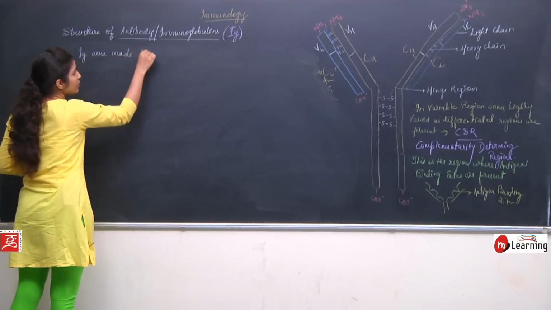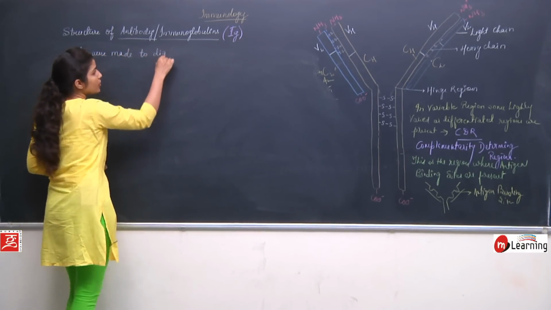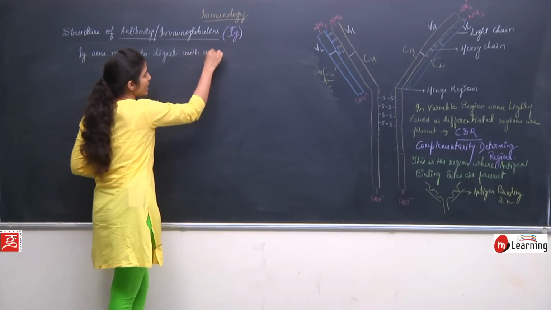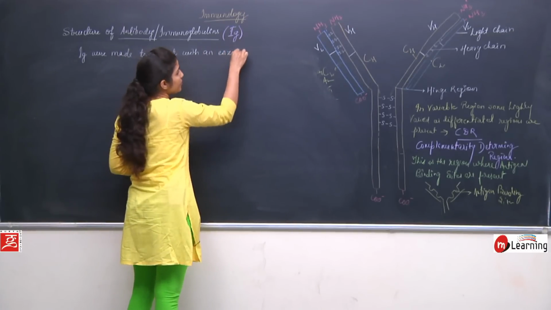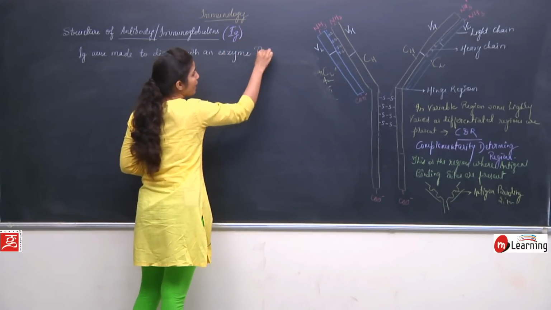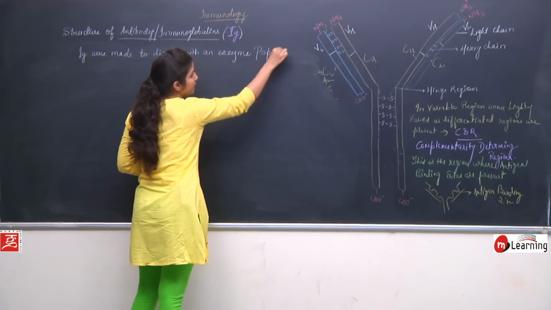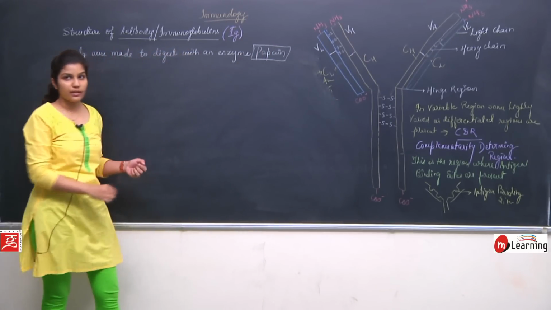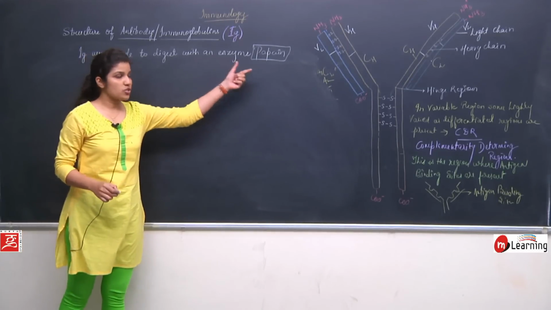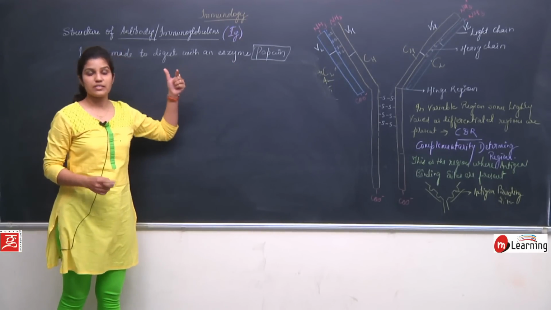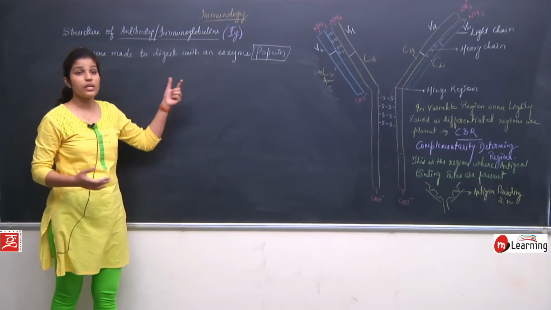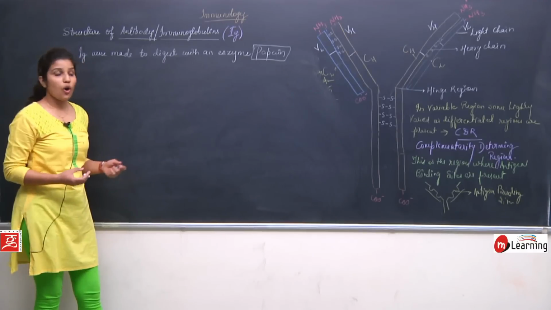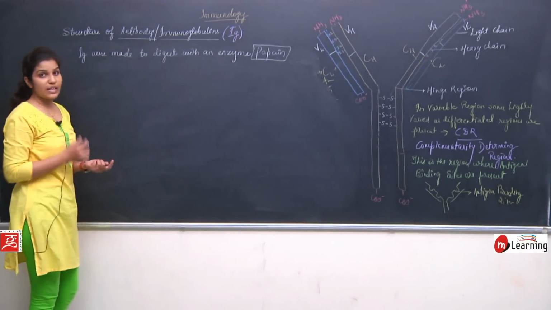made to digest with an enzyme, pepsin. This is an enzyme named pepsin. So they tried to digest this antibody with the help of the enzyme pepsin. So what they got was 3 fragments.